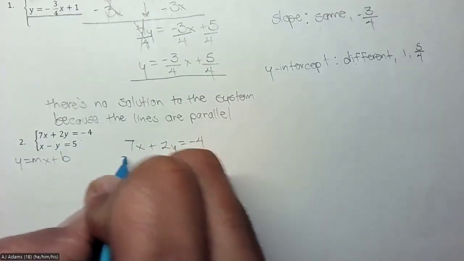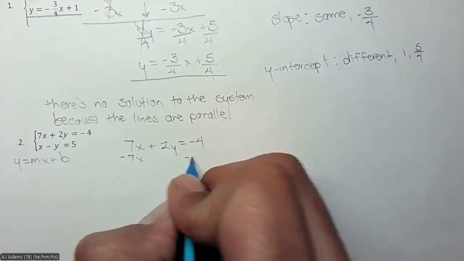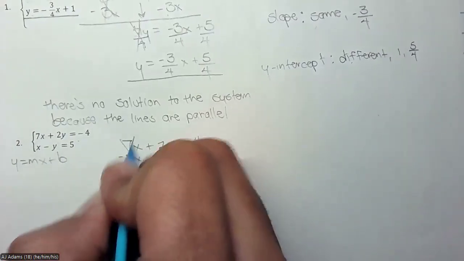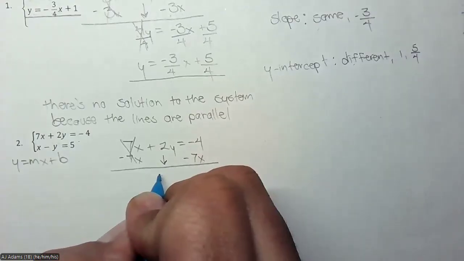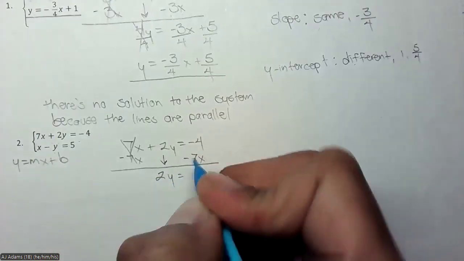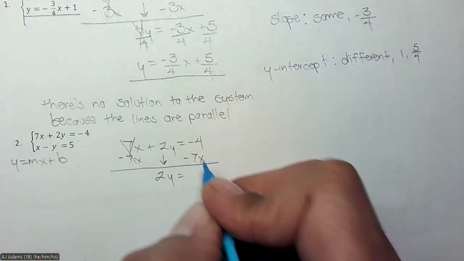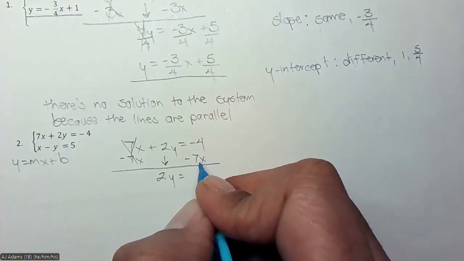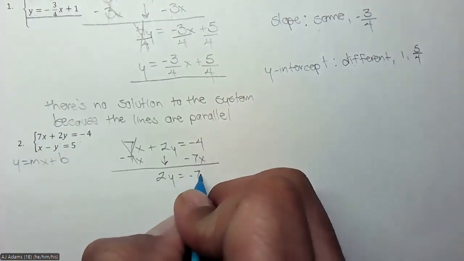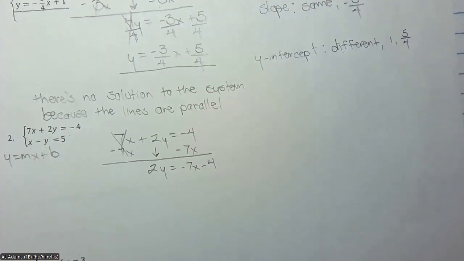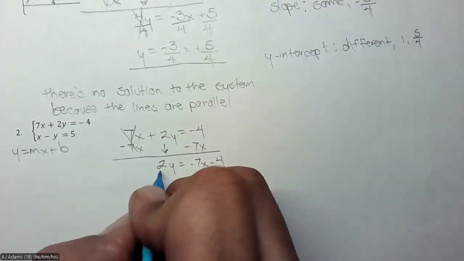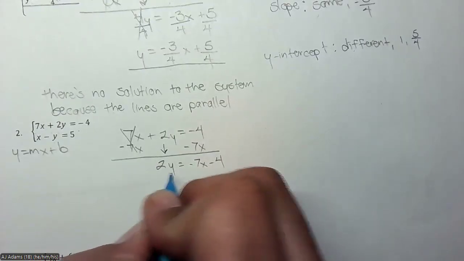So like in the last problem, we'll subtract the x term from both sides. The positive 7x and the negative 7x cancel out. We can bring down the 2y. 2y equals, and like I've said many times in these videos, the x term has to go first, minus 7x and minus 4. And now we have to divide the entire equation by 2 to get y by itself.